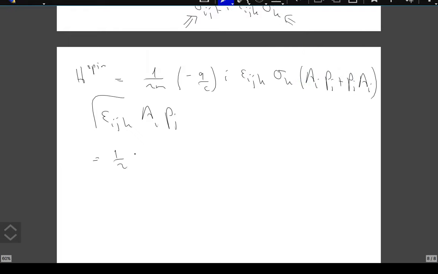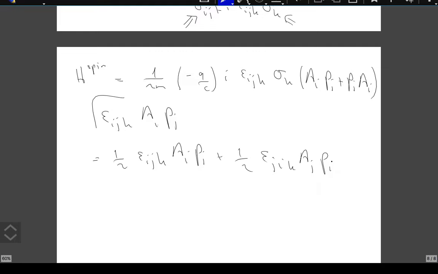That is equal to 1 over 2 epsilon_ijk A_i p_j plus 1 over 2 epsilon_jik A_j p_i. I just wrote that term as 1 over 2 that term plus 1 over 2 exactly the same term. But in the second one, you see i and j are just dummy indices. I'm summing over them, so I can just change their names.